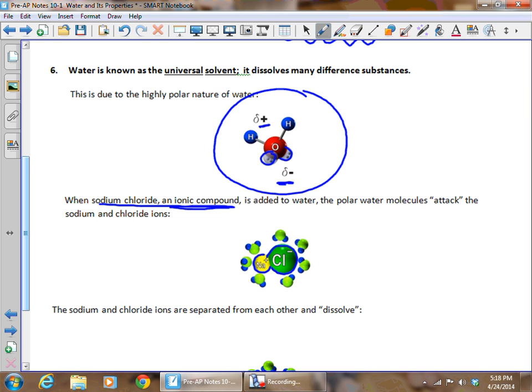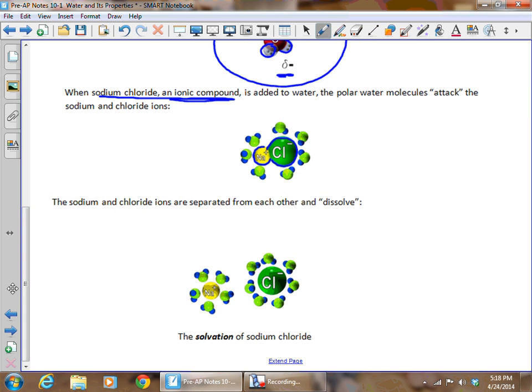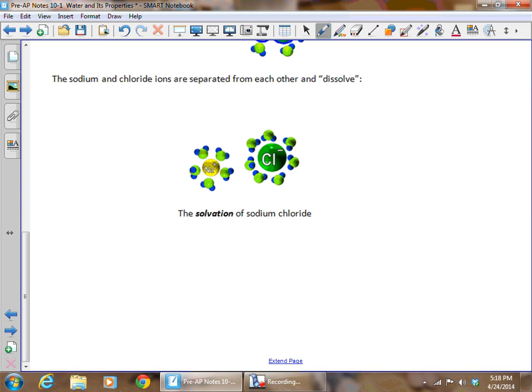And when they attack, look how they line up. Now, this is just one layer, but they actually form layers of water molecules around these ions. In the case of sodium, the water molecules line up so that their negative oxygen ends are close to the positive sodium, which makes sense, opposites attract.